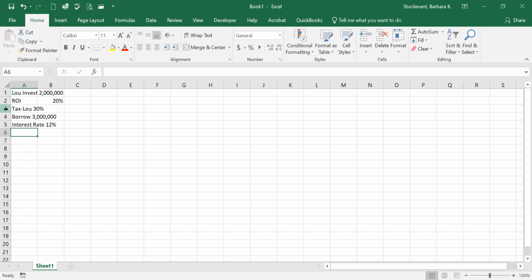And then we have some costs. We've got depreciation, taxes, and insurance that total $600. Management fees, 5%.